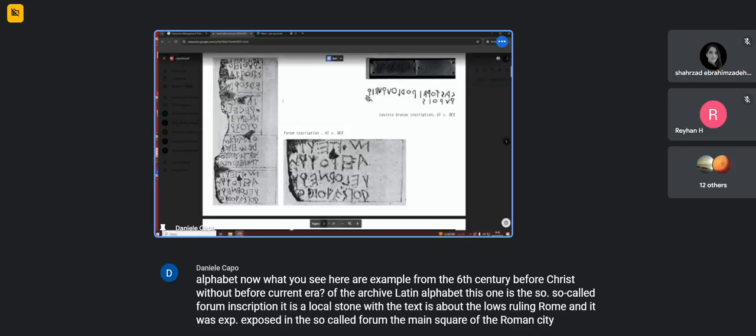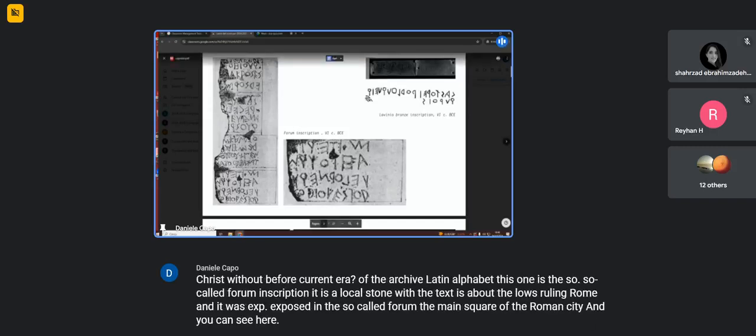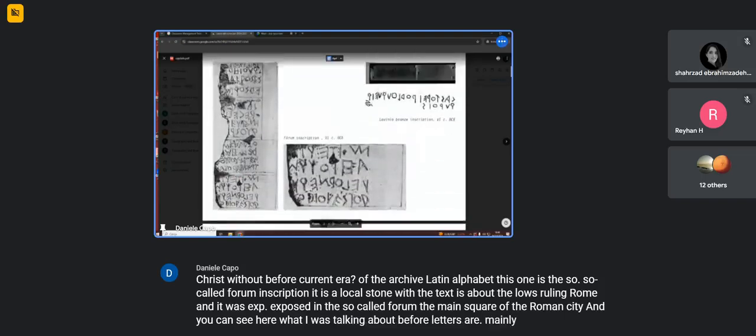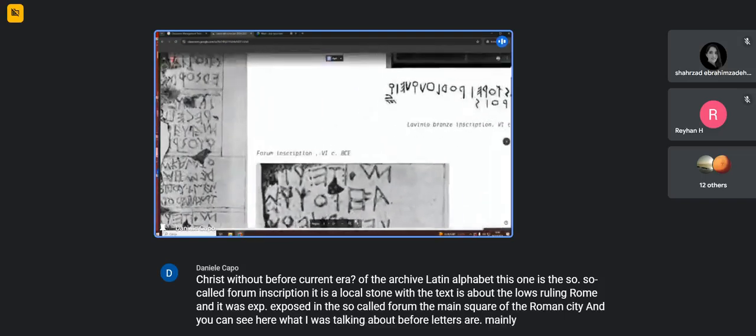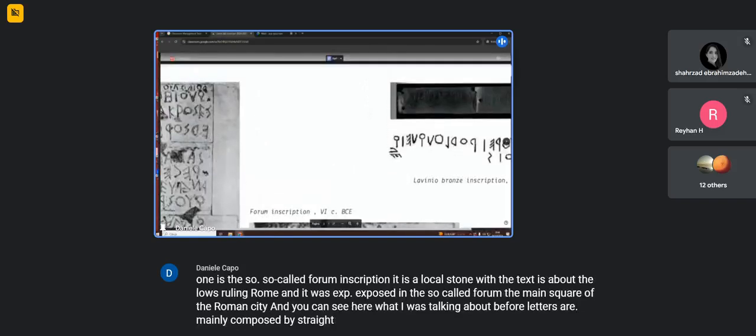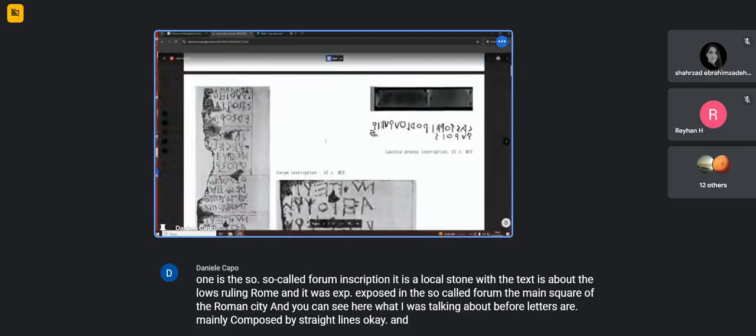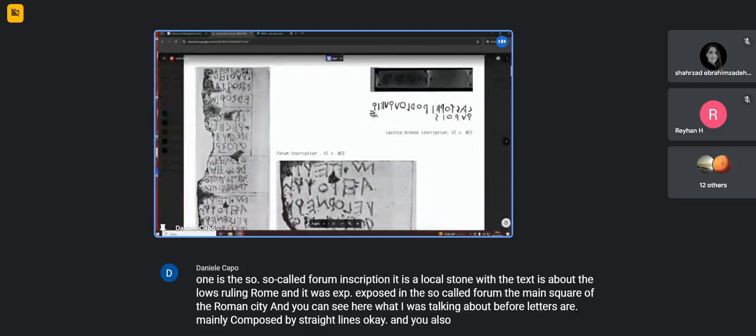And you can see here what I was talking about before. Letters are mainly composed by straight lines, okay? And you also have some curves, like circles.